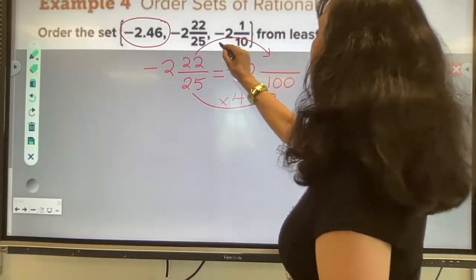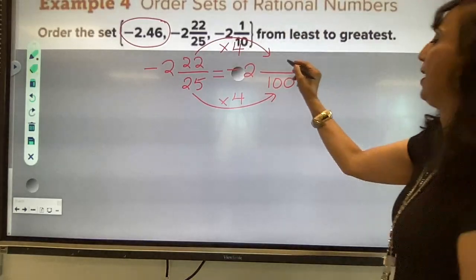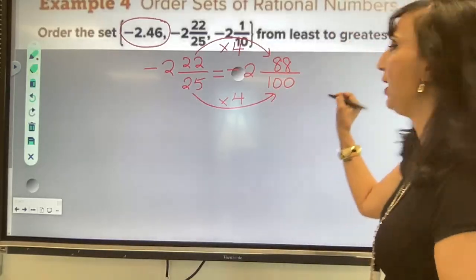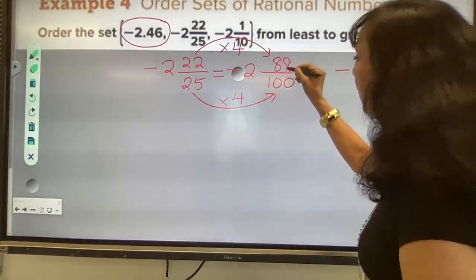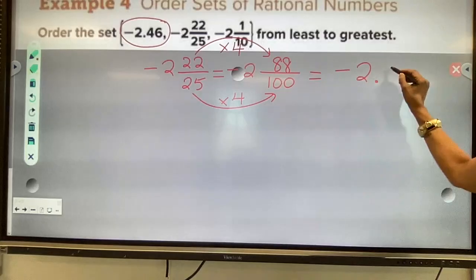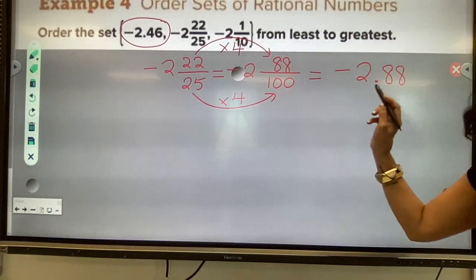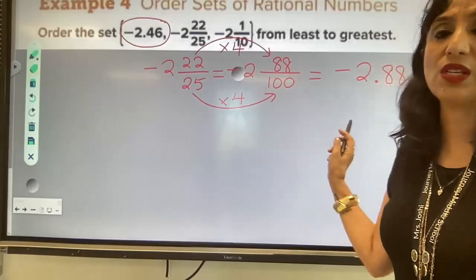Same thing over here, times 4. And what is 22 times 4? I get 88. So if I'm reading this number properly, this is negative 2 and 88 hundredths. So how I'm saying it is how I'm writing it. So look, negative 2 and 88 hundredths. All right. So I've changed that to this format.